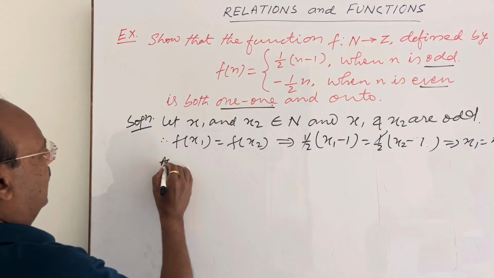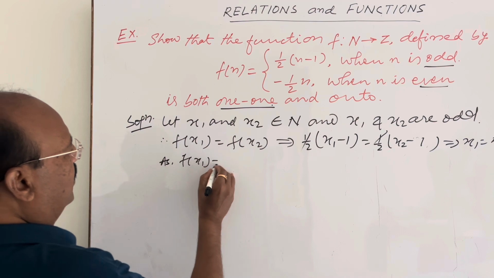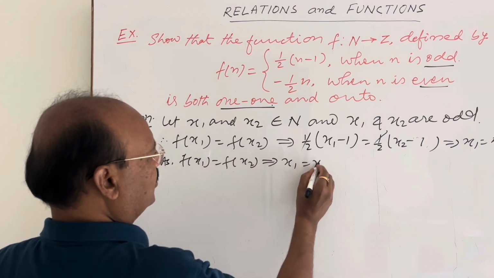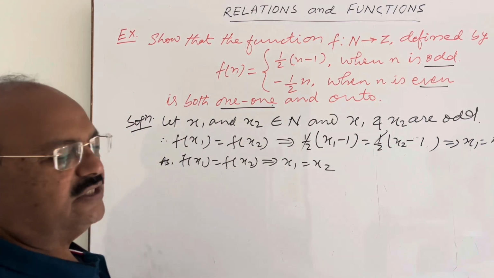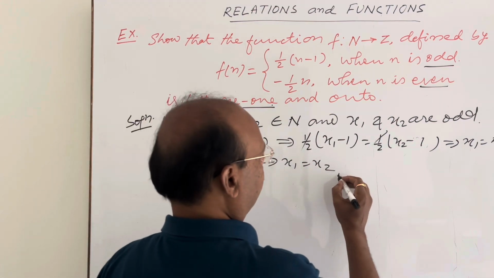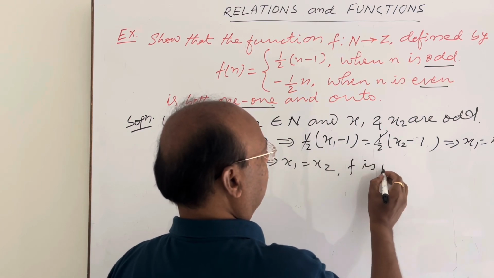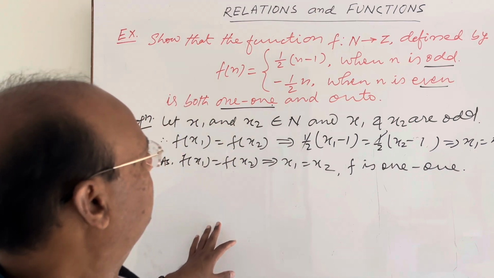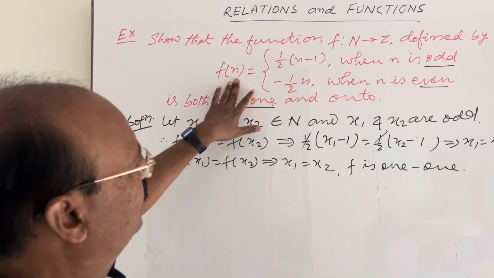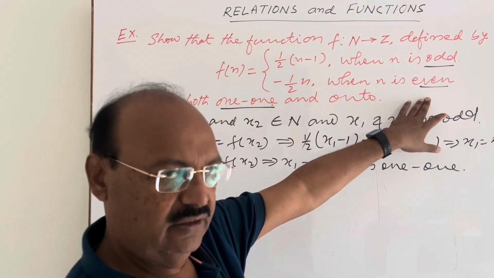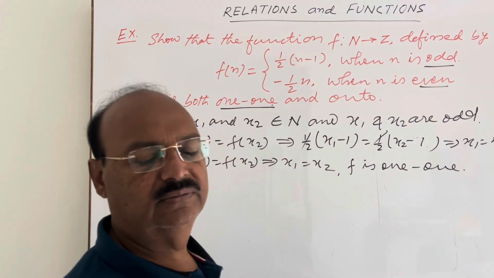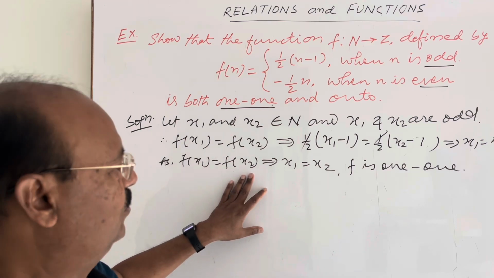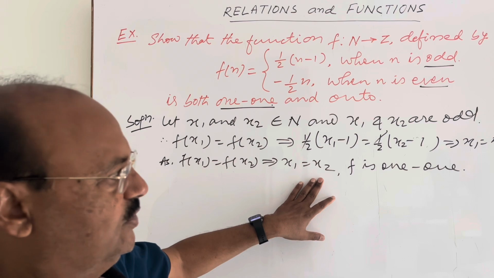As f(x1) equal to f(x2) implies x1 equal to x2, this function is one-one. F is one-one. Similarly, we can show that if the natural numbers are even, in that case also we will get the same condition: f(x1) equal to f(x2) implies x1 equal to x2.